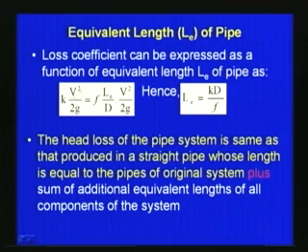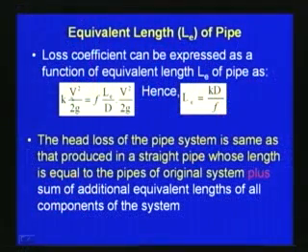We express minor losses as K into V square by 2g, while for the major loss we generally use the Darcy-Weisbach equation, f L V square by 2gD. We can write the minor losses in terms of an equivalent pipe length, so that everything can be put in terms of the major friction losses. That length is called the equivalent length.